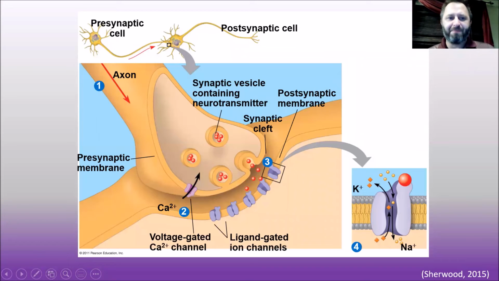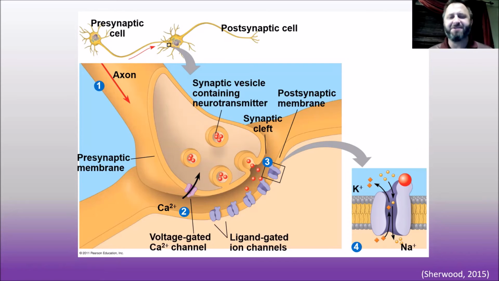So with the delivery of information, when an action potential, that charge difference, is traveling down that axon and reaches the end, the presynaptic membrane, it encounters a region called the synaptic cleft, the space between them.